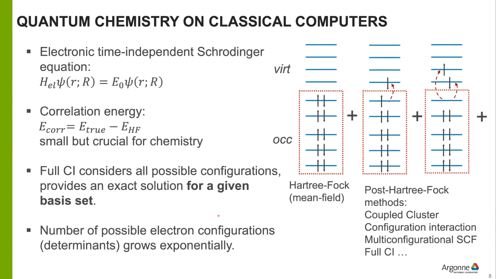It is not very useful for running simulations on large molecules, because the number of electron configurations or these determinants grows exponentially, so it gets intractable very fast. And that's where the quantum computing comes in, with a promise of avoiding this exponential limitation of this exponential growth.